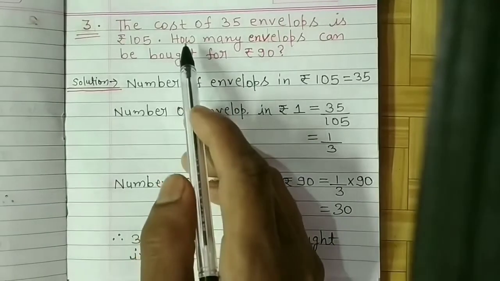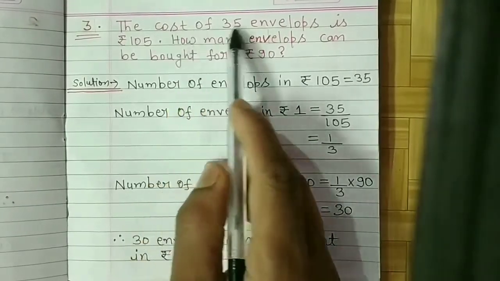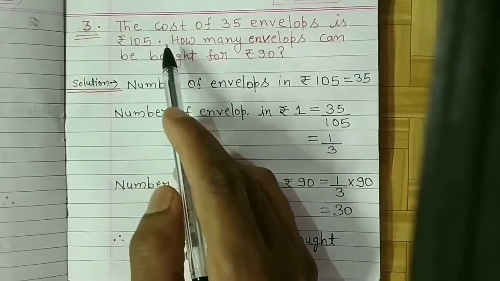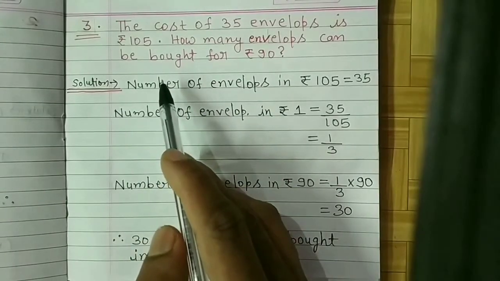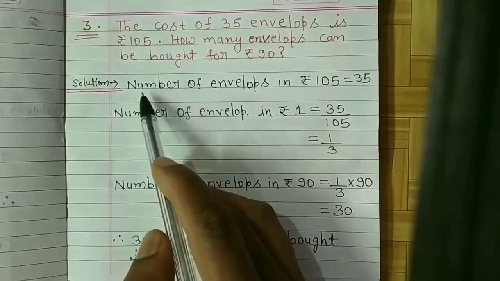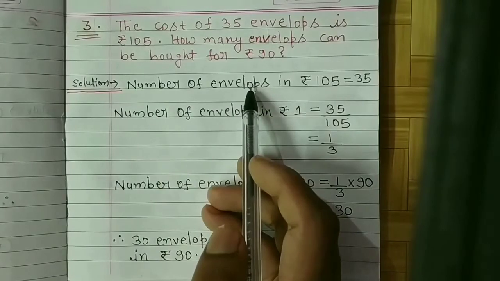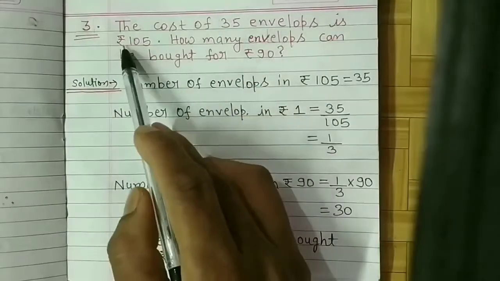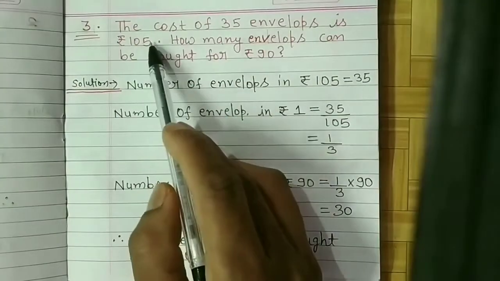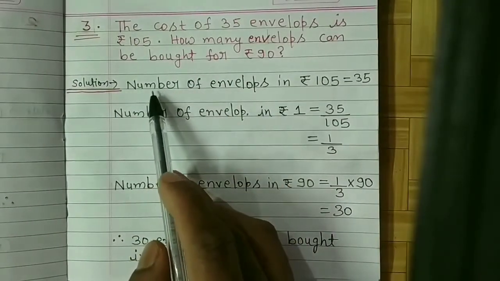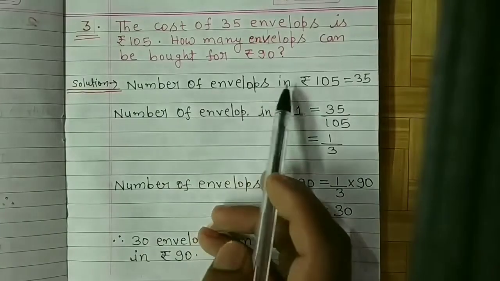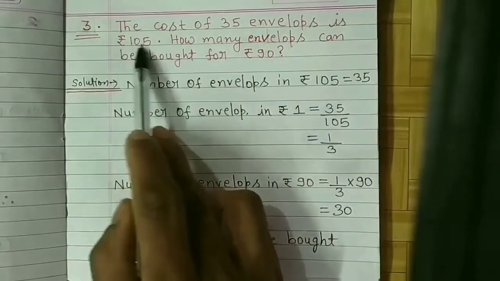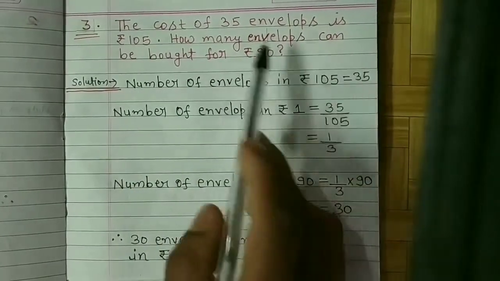We are going to write the same statement, but we are going to start with the words number of envelopes. So I have written: number of envelopes in rupees 105 equal to 35.